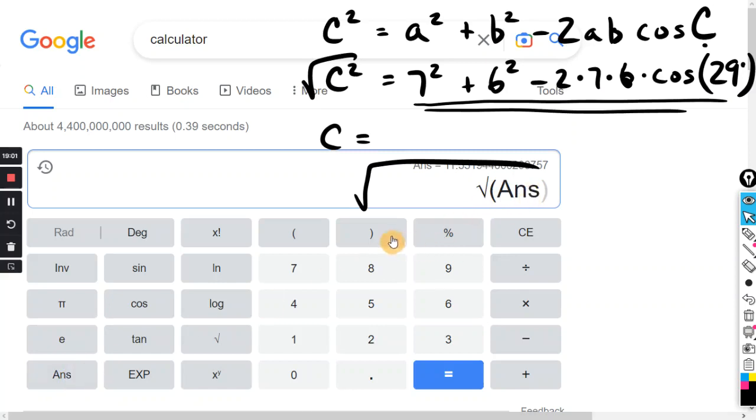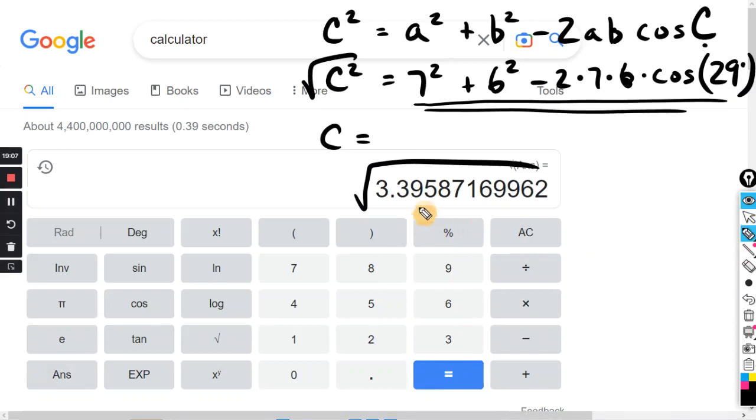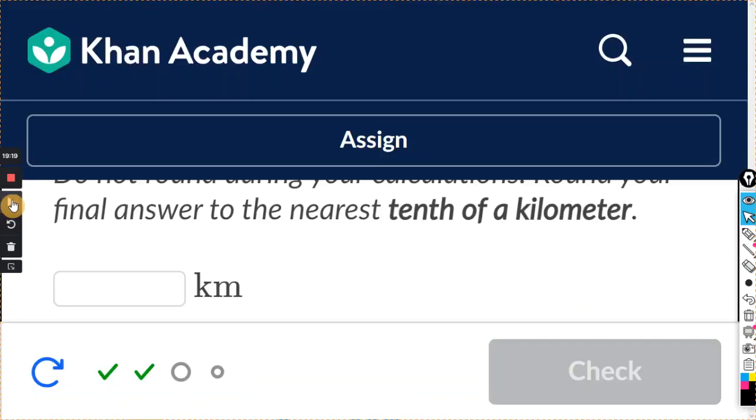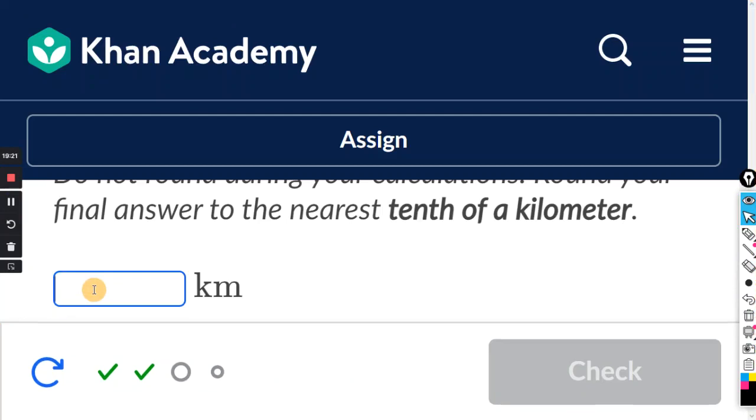So it's just the square root of the answer. Click equals. Okay, I think they said nearest tenth. So you look at the second decimal. If it's 5 or more, you round up. 3.3 is going to become 3.4.